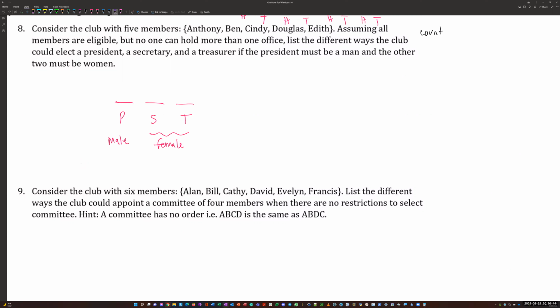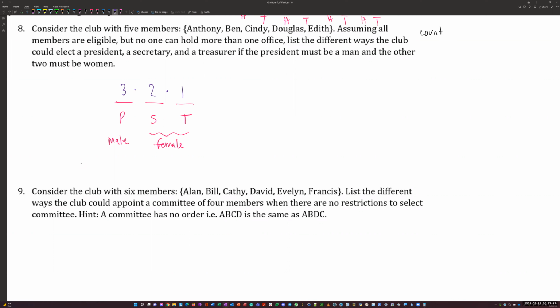So how many choices we got for the male presidents? 3. 3 is correct. There's 3 ways to select that president. Is that correct? Yes. How many ways is there to select the secretary? 2. 2, very good. Does that make sense? Yes. How many ways is there to select the treasurer, given the fact we've already selected a president and a secretary? 1. 1, very good.